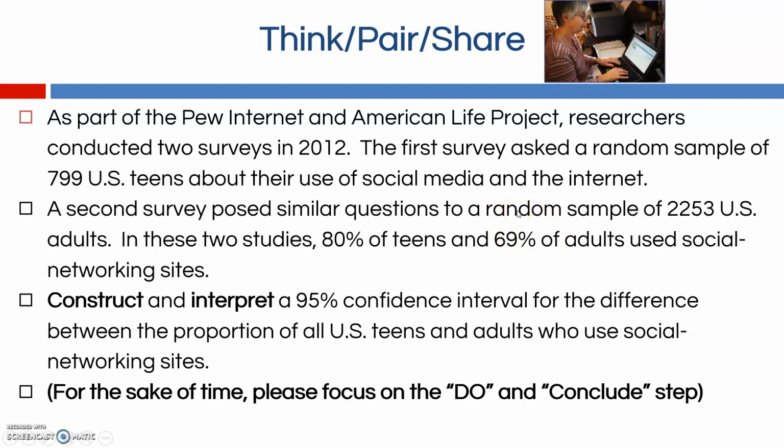So there's a slight trick to it when you are typing it in your calculator, and I will talk about that in just a moment. But remember, this is a 95% confidence interval, and the order that they give you is teens first and adults second. Okay, so just the order does matter, teens and adults.